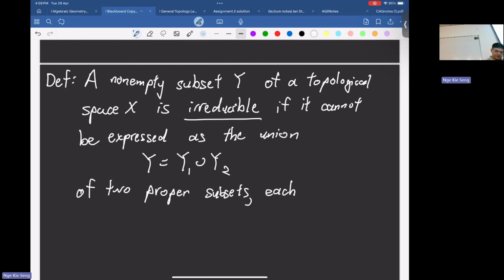So we want to split it into two proper subsets, and each of them has to be closed. In this case we define it to be closed since we really care about the closed set in the topology.